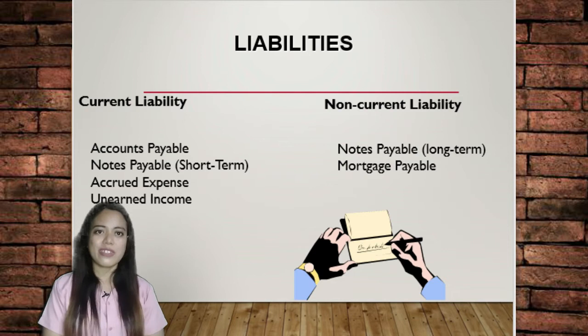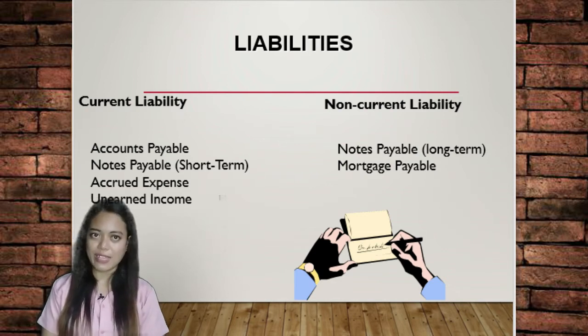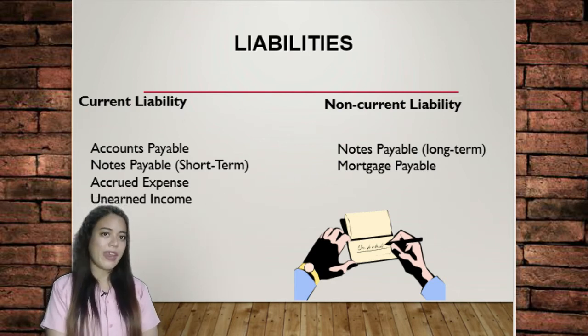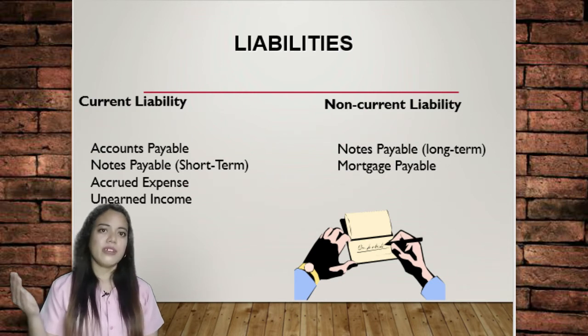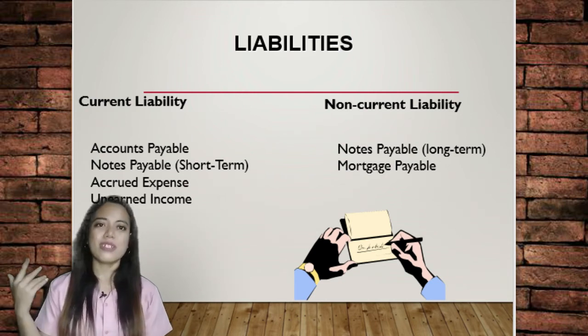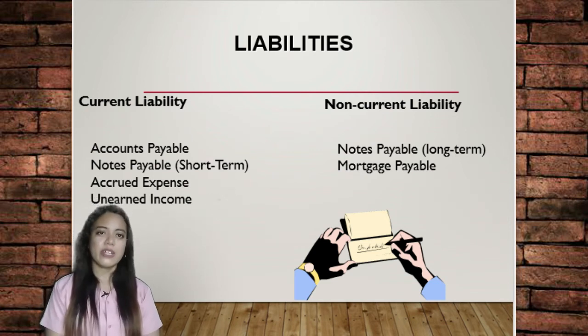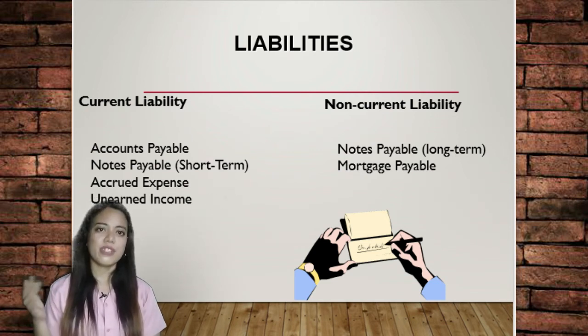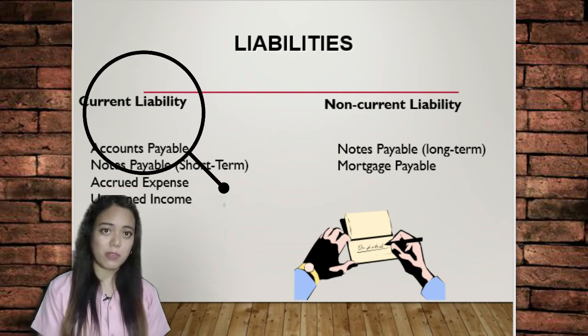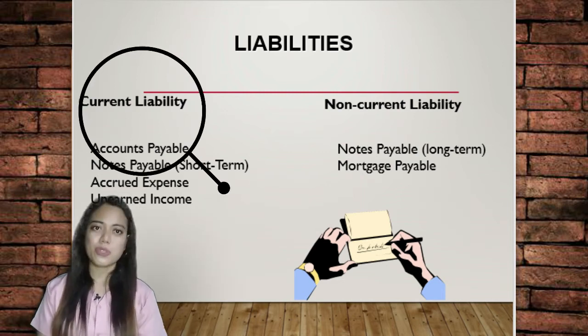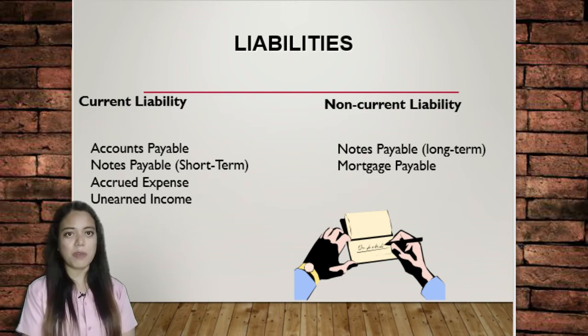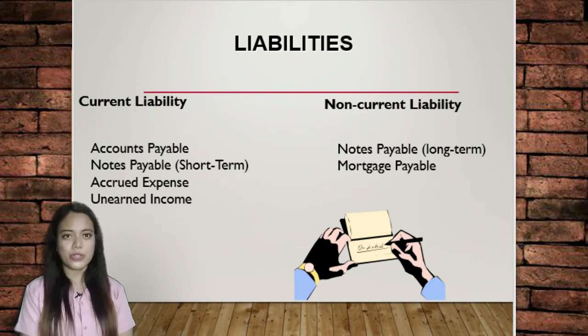So what are the accounts under current liabilities? We have accounts payable, notes payable, accrued expense, and earned income.